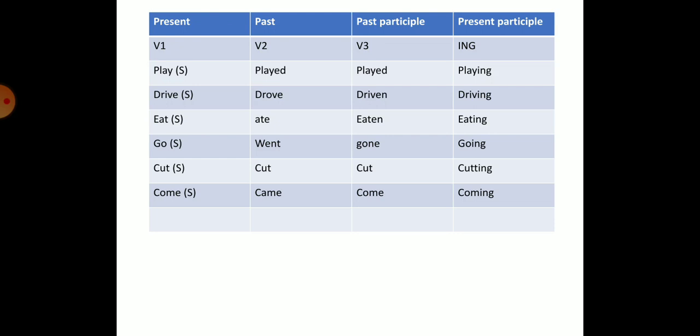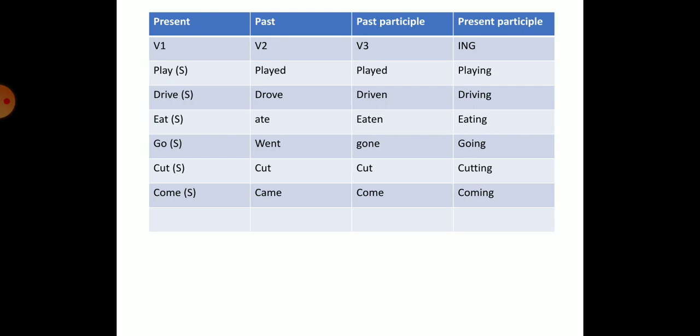The next one now, come or comes. Came, past participle will be come again, and the present participle is coming. Students, the past participle always ends with ed or sometimes en, t, n, and there are certain irregulars also.